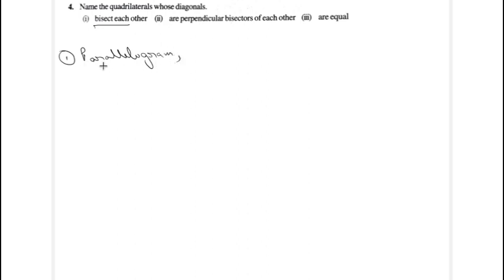Okay, now if in a parallelogram the diagonals bisect each other, then in a rhombus, square and rectangle also diagonals will bisect each other because they are special types of parallelograms. So in answer we will write rhombus, a rectangle and a square.